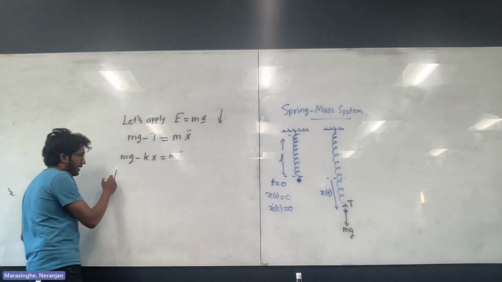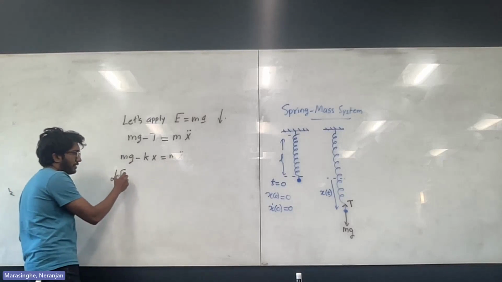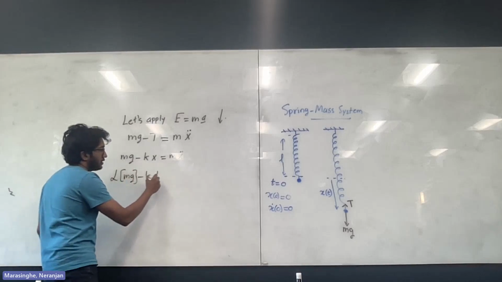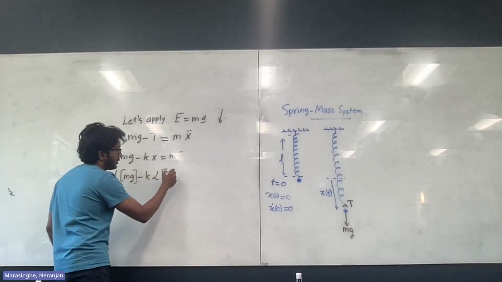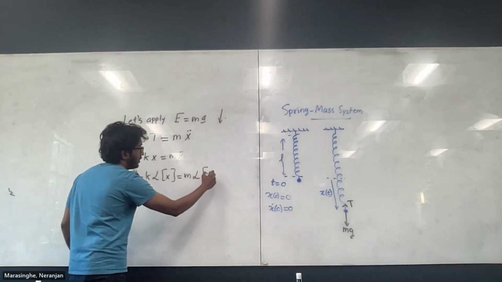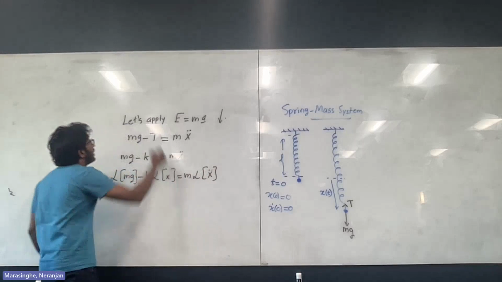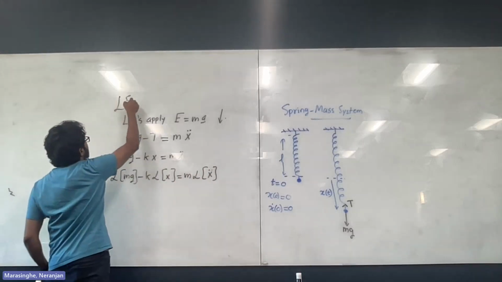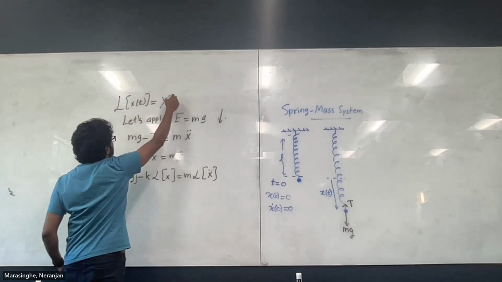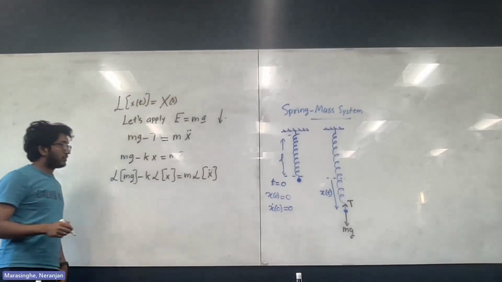So let's apply Laplace transform. Then what would I get by the linearity? Laplace of mg minus k times Laplace of x is equal to m times Laplace of x double dot. Okay, I would take Laplace of x(t) as capital X(s).